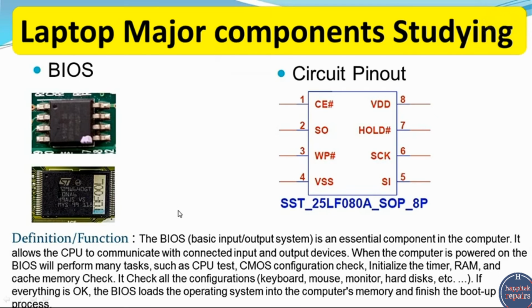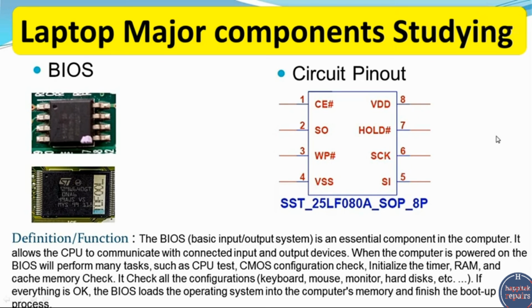So as a definition, the BIOS or Basic Input Output System is an essential component in the computer. It allows the CPU to communicate with connected input and output devices. When the computer is powered on, the BIOS will perform many tasks such as CPU test, CMOS configuration check, initializing the timer, and RAM and cache memory check.